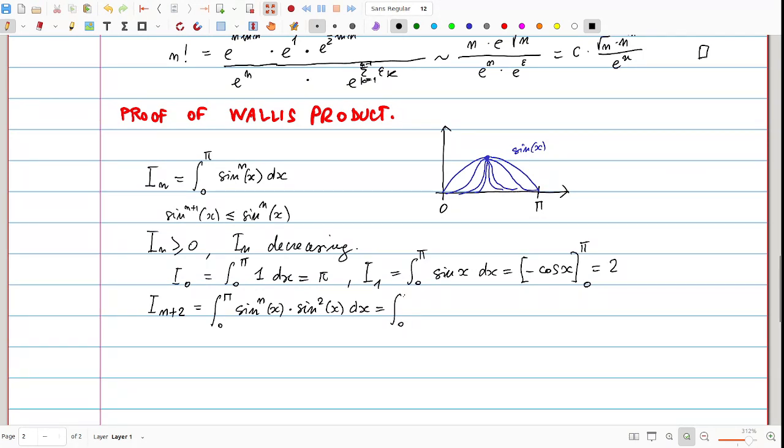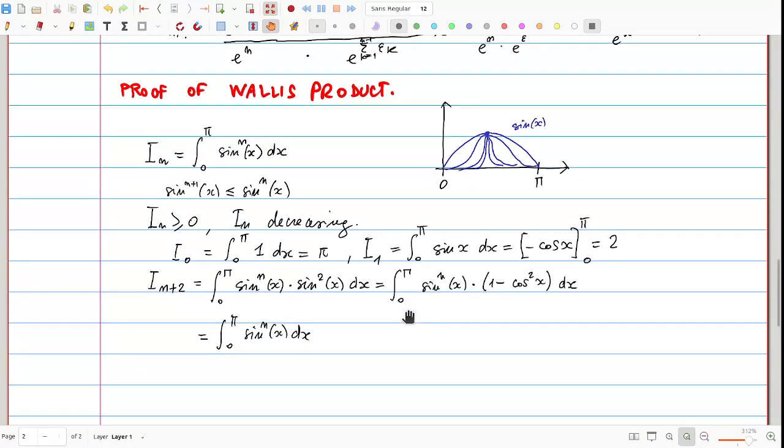But now we can write this. We would like to have a cosine here, to make an integration by substitution. So we write sine squared as 1 minus cosine squared, and so this is equal to the integral of sine to the power n, that we suppose we have already computed.